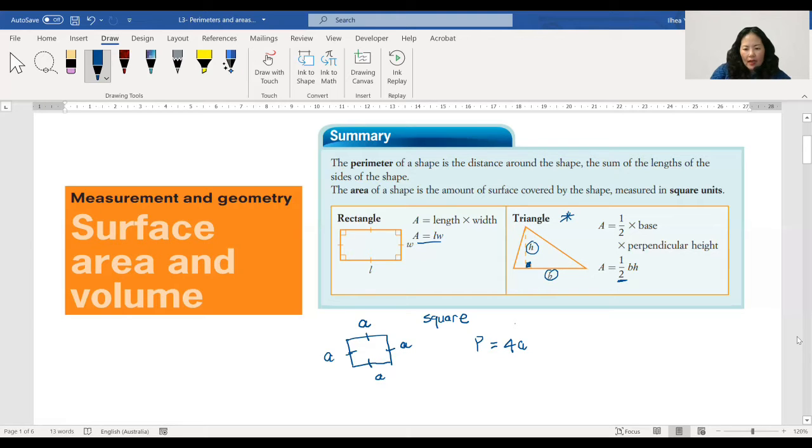Because you're going to go A plus A plus A plus A, which is 4A. So really, it means 4 times the side, which is A. Now, the area of a square is side times side, because that side could be your width and that could be your length. So width times length, same thing as A times A. So it's going to be A squared. When you multiply it, it's going to be a power. Okay, so squared, not 2A, A squared.